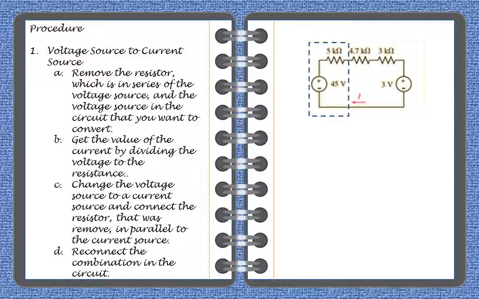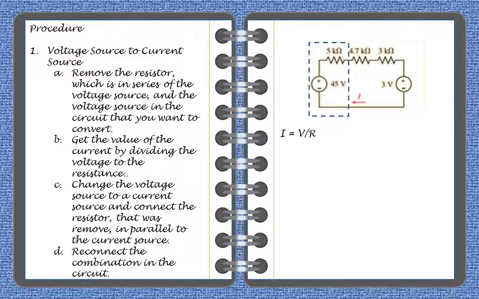Remember, you can only use source transformation from voltage to current if the resistance you're going to use is in series with the voltage source. If it's in parallel with the voltage source, you cannot use this method.